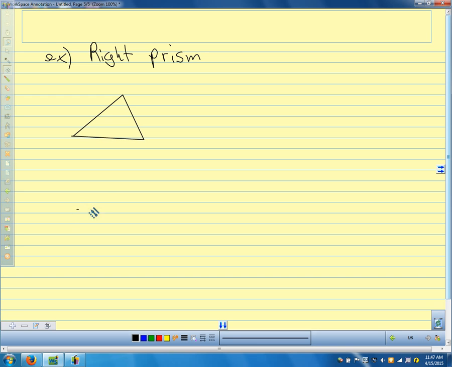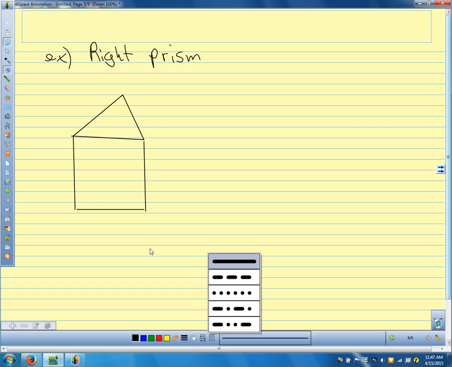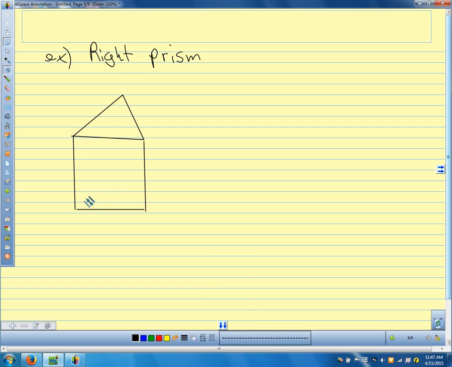There is the other base, and I'm going to draw in my segments here. And I'm going to make these dotted lines back here. So there's my prism. This is a triangular prism, and I'm going to label some other pieces.